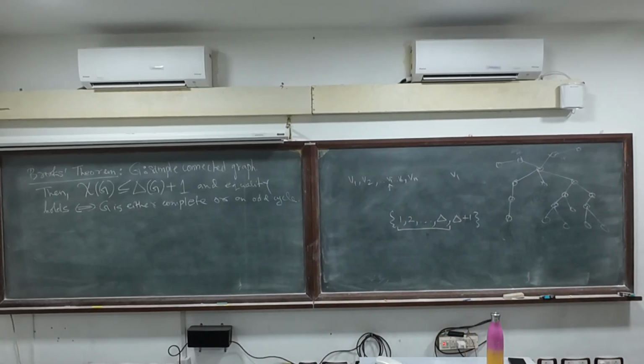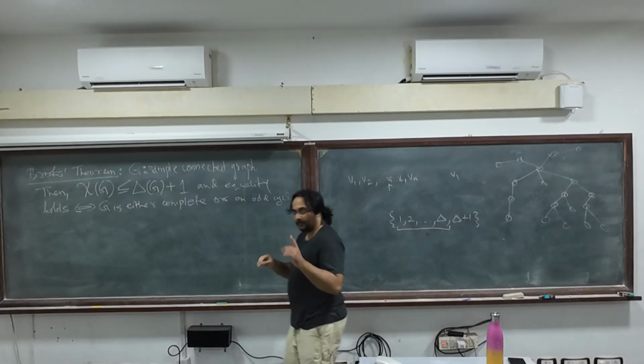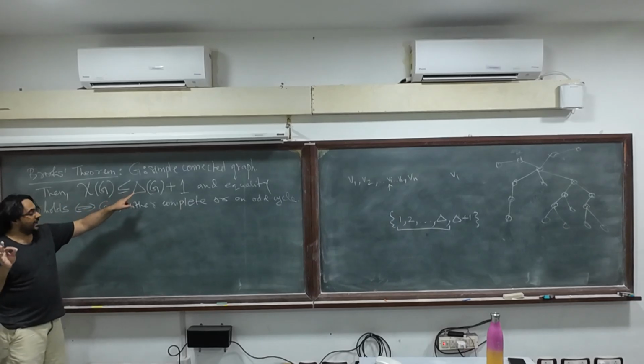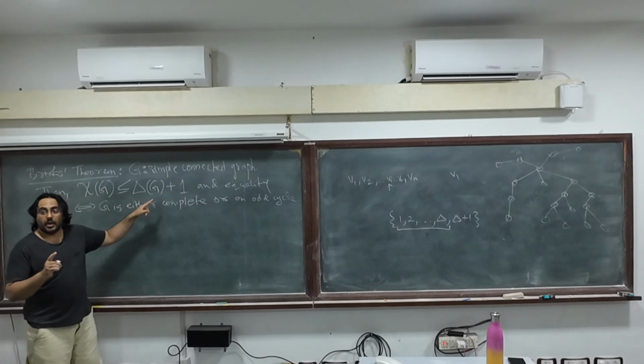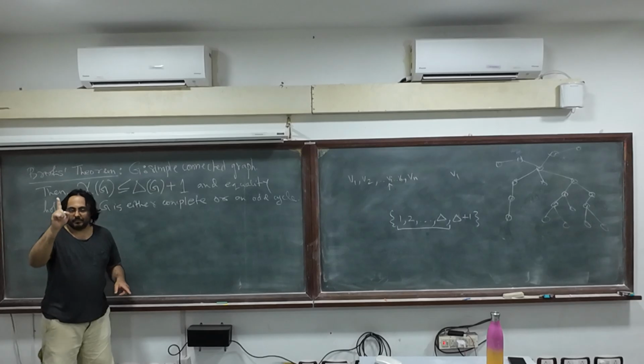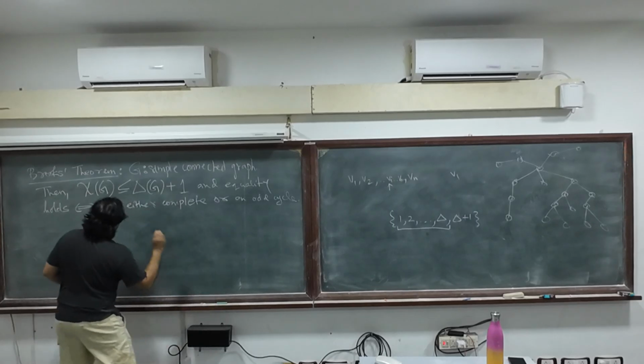You are done. So what have we proved? We have proved that every connected graph has a coloring with so many colors, with the additional property that there is a color that is used at most once. And here we'll take a break.